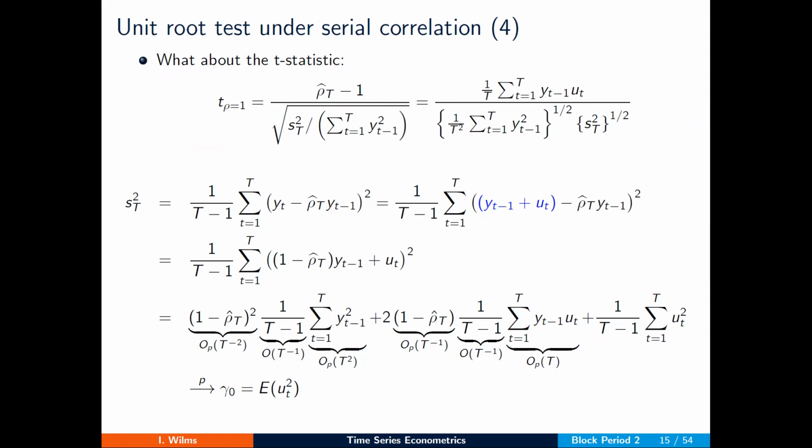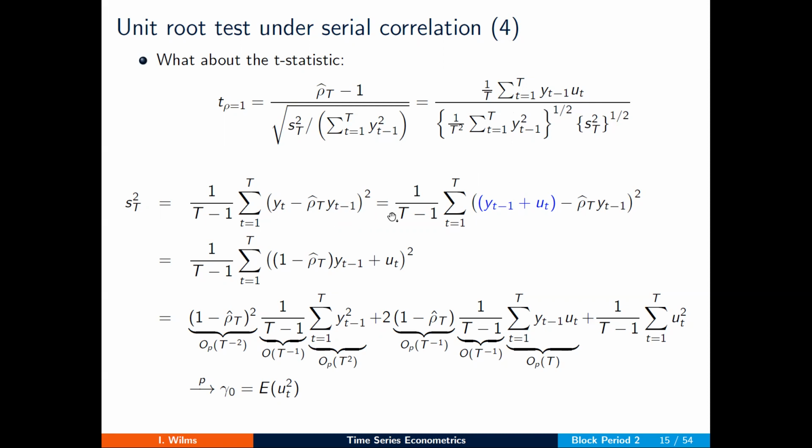And after some rewriting, we arrive at this expression over here. In this expression, you should recognize our numerator and the denominator. But let's zoom in on the new ingredient, which is the sample variance of the residuals, as defined over here.